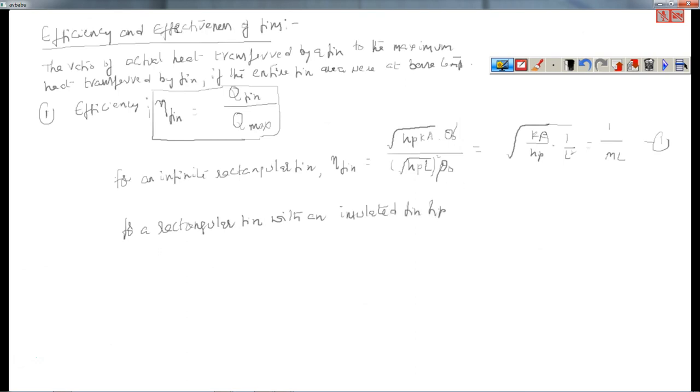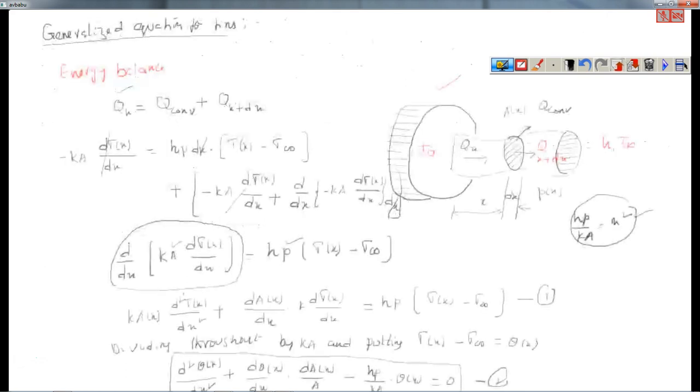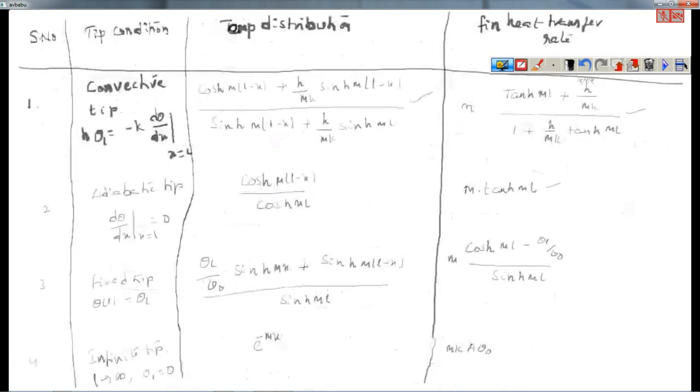So I'll recall what we have written earlier. For the insulated fin tip, this is the formula I have used for heat transfer.